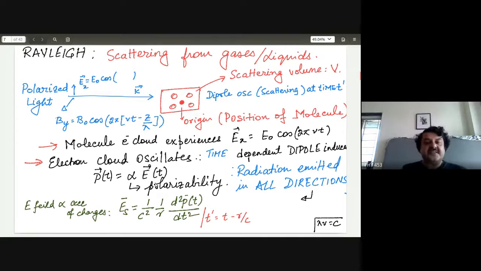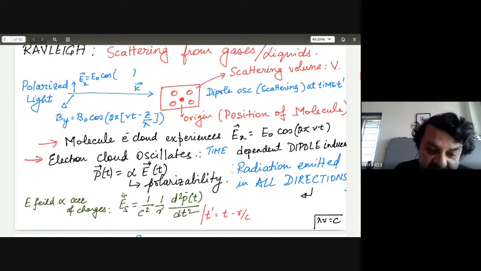If there's an oscillating dipole, it will emit radiation in all directions, which in turn is the scattering electric field.